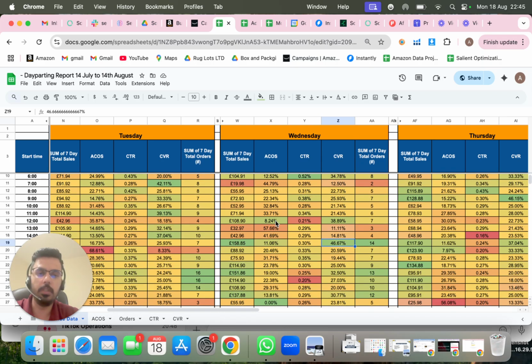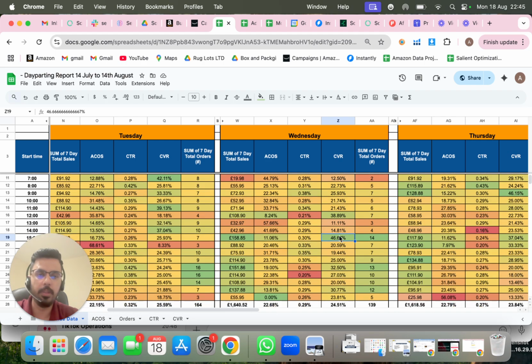Once it has gone over 8 months, it will give us exactly where the conversion rate is high. So for example, this one has a 46% conversion rate and 14 orders, so it has volume as well. But this is one of the many sheets that we create.